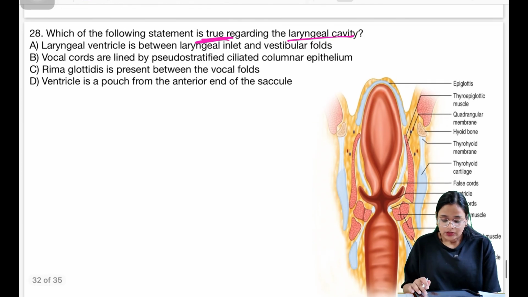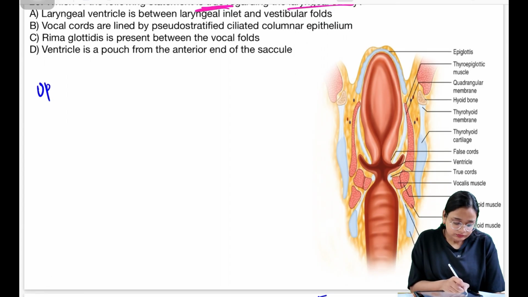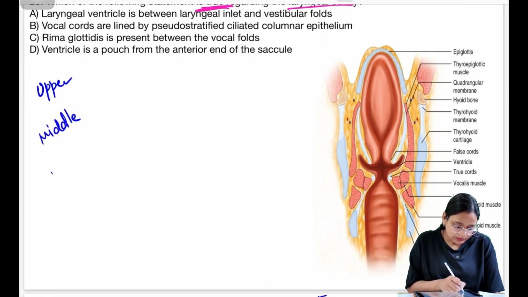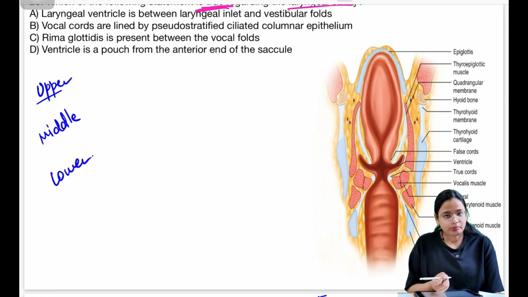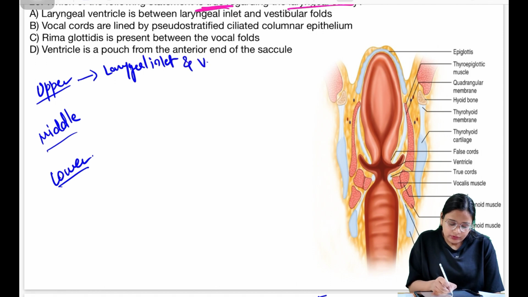Okay, so if you know, larynx is divided into three parts: upper part, middle part and lower part. Upper part, supraglottic part or vestibule, middle part is the ventricle and lower part is infraglottic part. Upper part is between laryngeal inlet and vestibular folds.